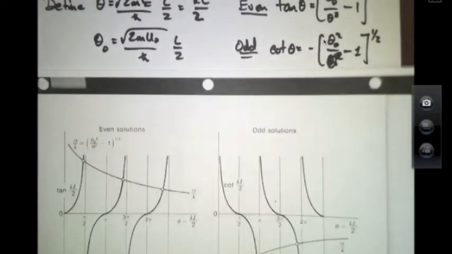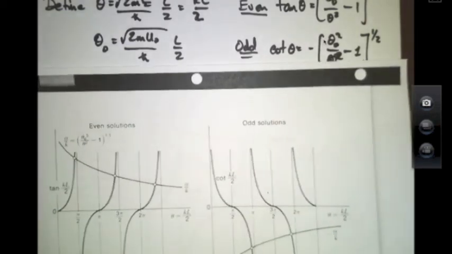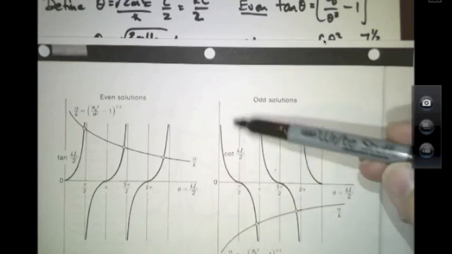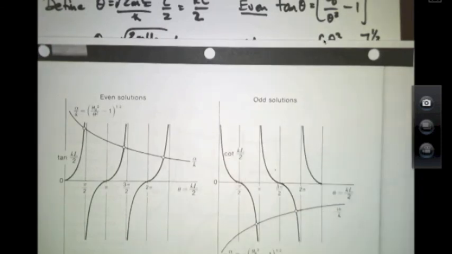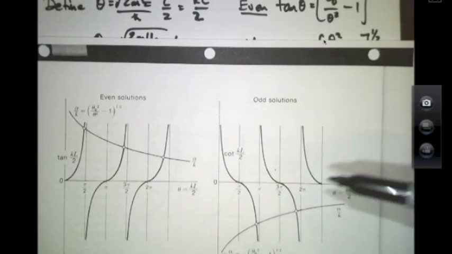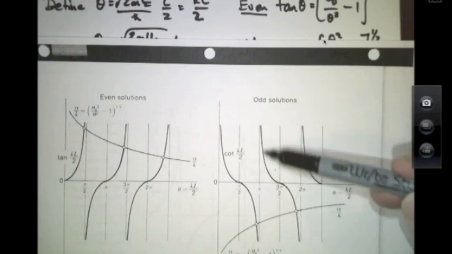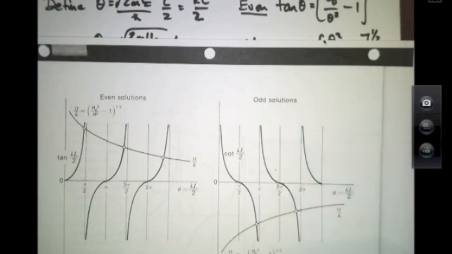The odd solutions work very much the same way, except it's a cotangent function. To find the solutions for the odd functions, I just have to look at where the cotangent crosses this function minus alpha over k. And again, this function goes to 0 when theta approaches theta naught, and it goes to minus infinity when theta goes to 0.